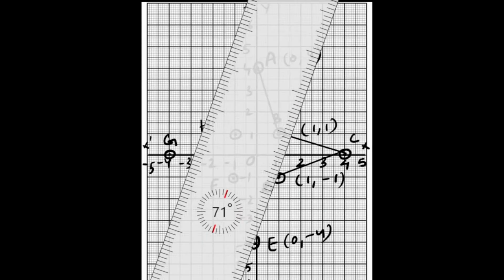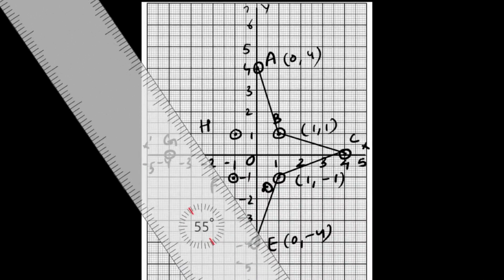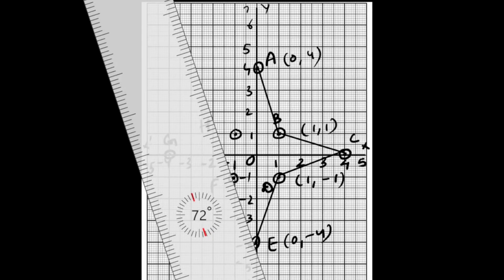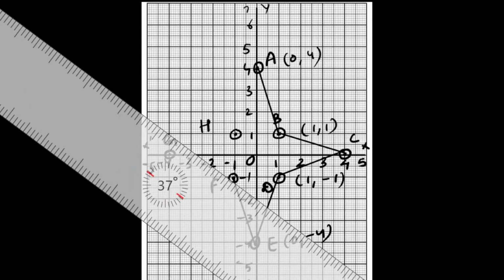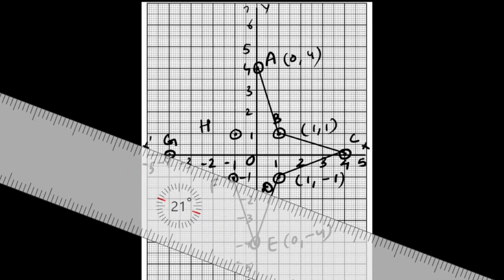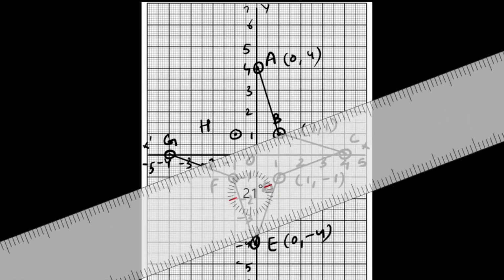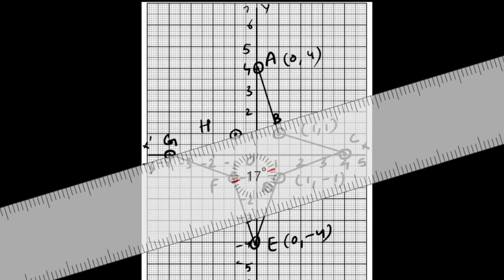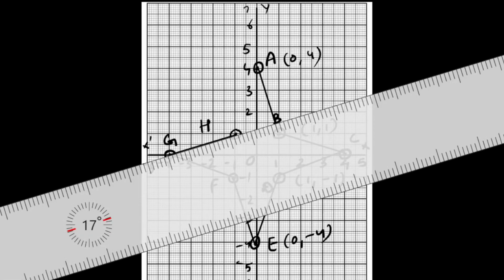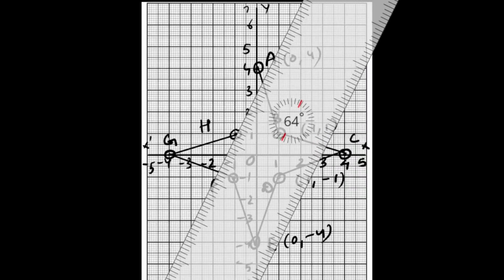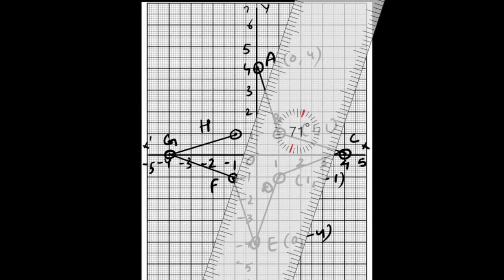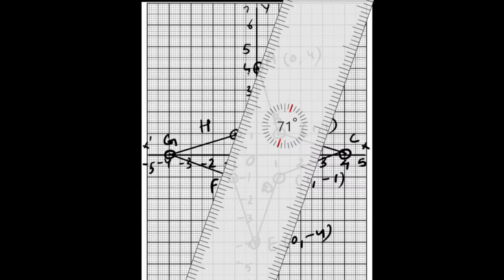Okay, so an eight-sided polygon someone has mentioned. Let us check. I'm just completing this one. E, F, F with G, G with H, and H again with A. So I have joined all.